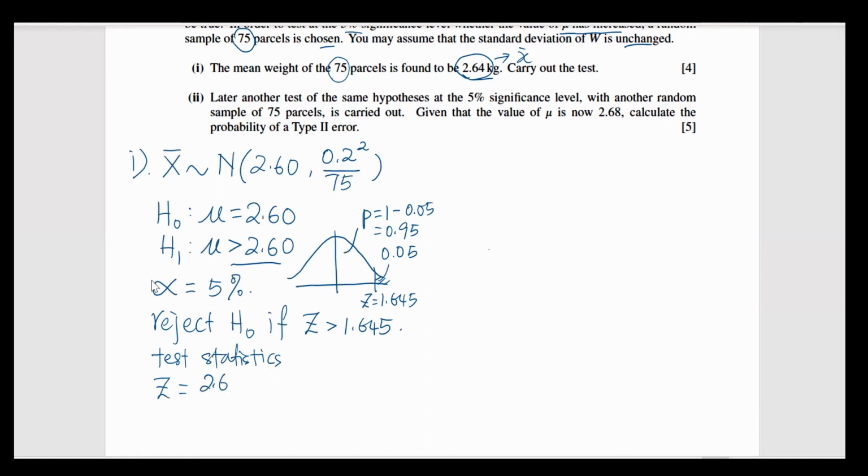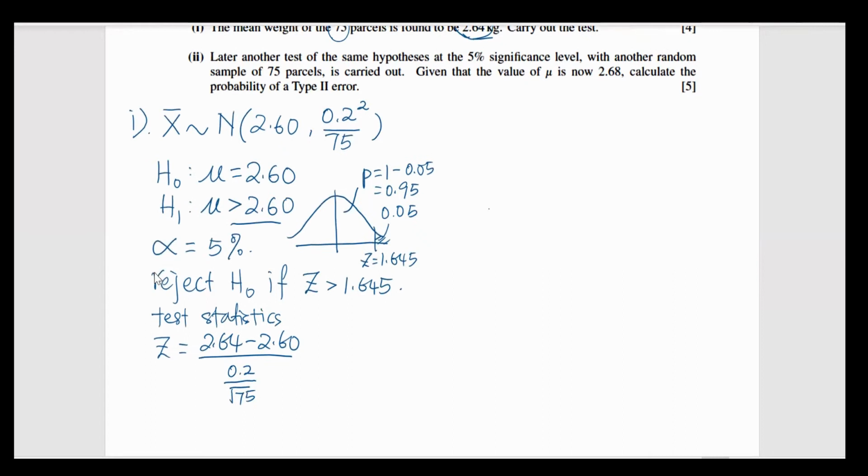So 2.64 minus the mean, divided by the standard deviation. Okay, so calculate out this value, and it's going to be 1.732.